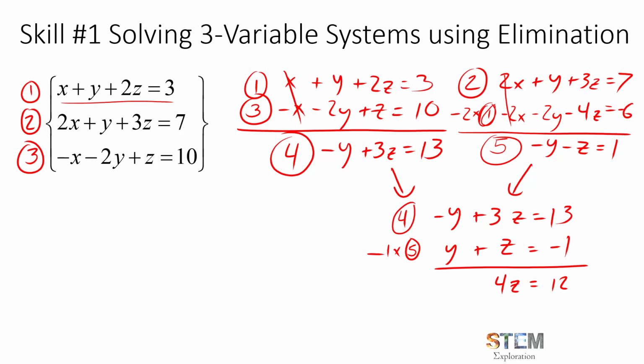Use elimination again, get 12 is equal to 4z. And if we did this right, the y should cancel so that there's nothing left. I divide both sides by 4, and then z should equal 3. And what this allows me to do is, again, I used equation 1, equation 3, and equation 2. All three of these equations are represented in order to create equations 4 and 5.